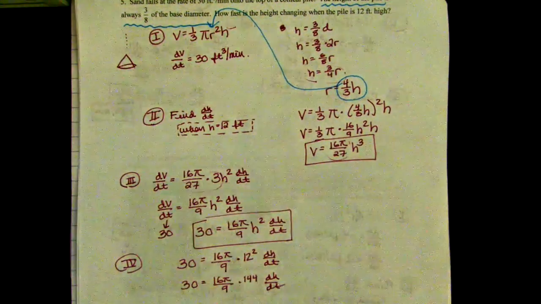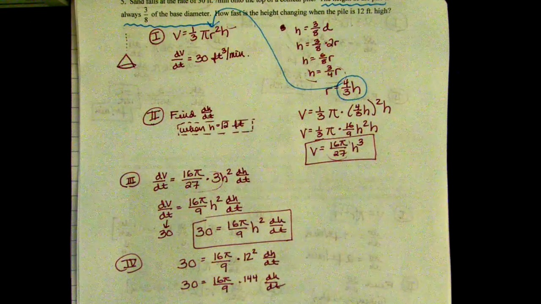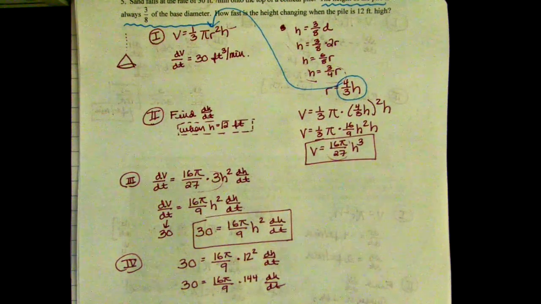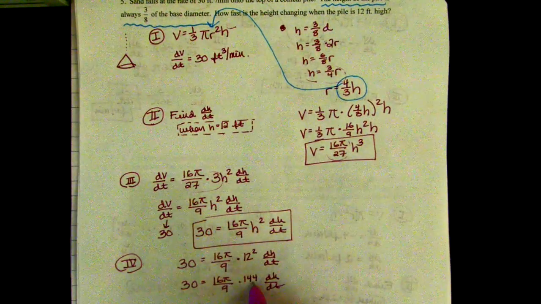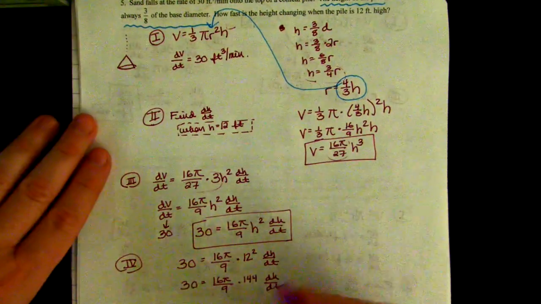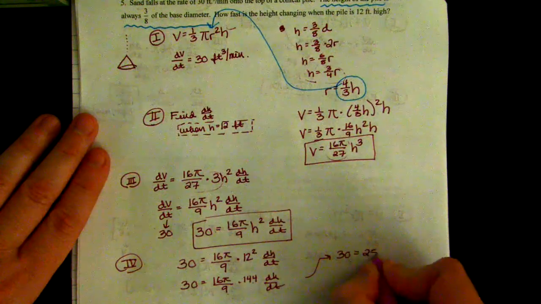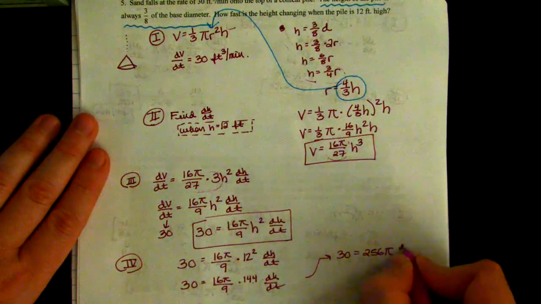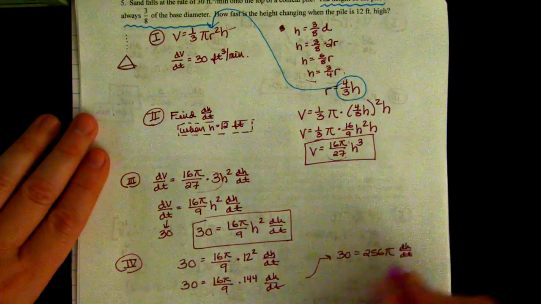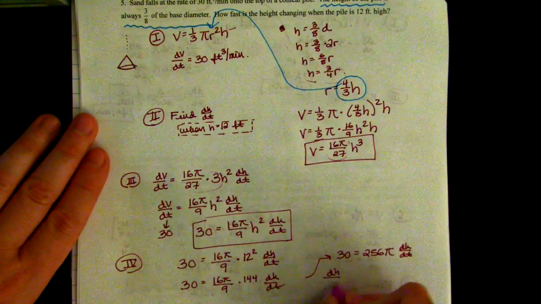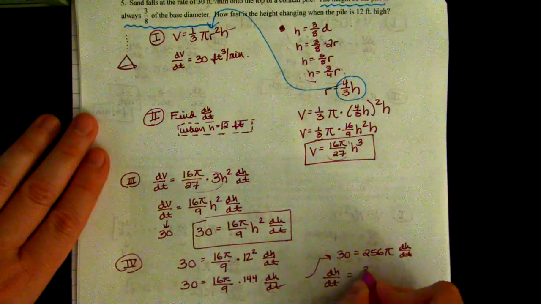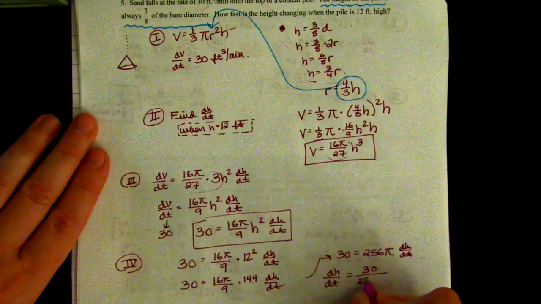Let's see, 16 times 144. I might as well do 16 times 144 divided by 9 just to simplify this. I can say this is 30 equals 256 pi dh dt. Divide, we're going to get dh dt equals 30 over 256 pi.